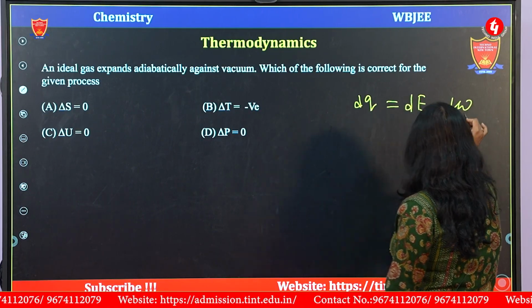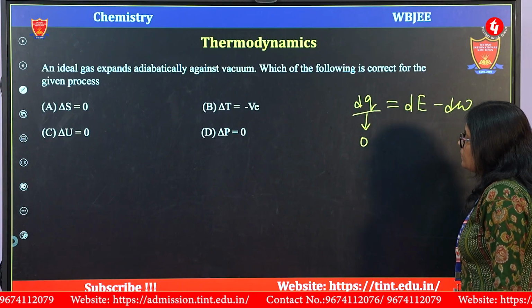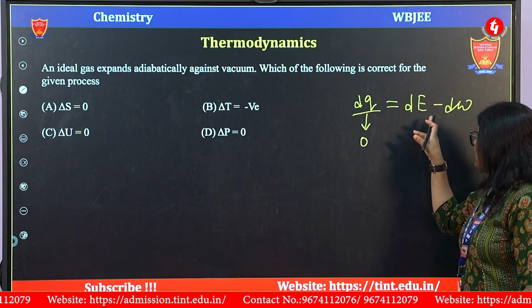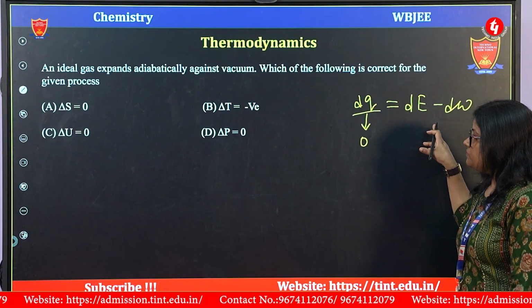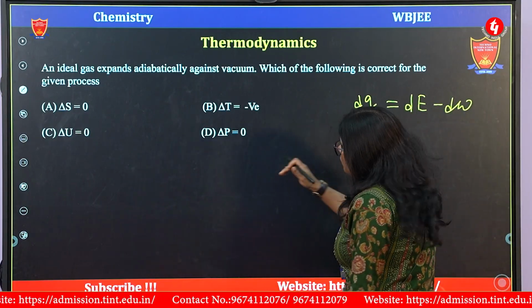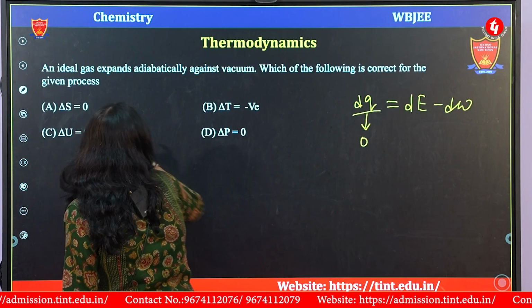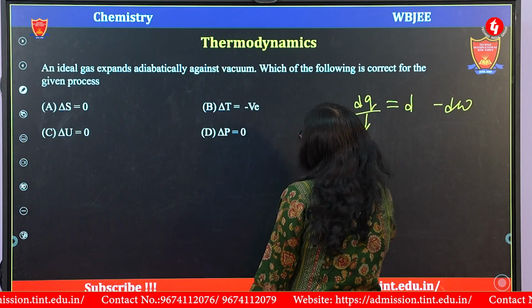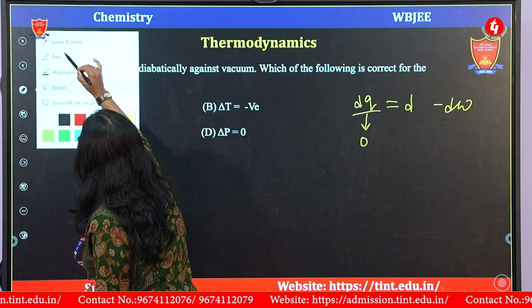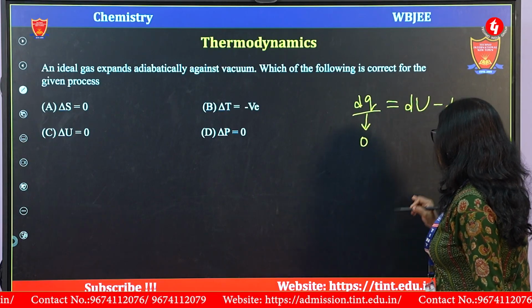As the process is adiabatic, dq is equal to 0. Internal energy we sometimes write as E and sometimes as U. Here U is written in the question, so I am writing it as U.